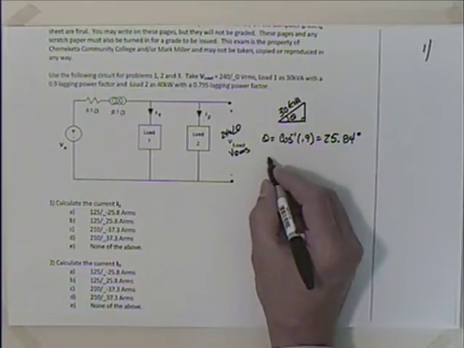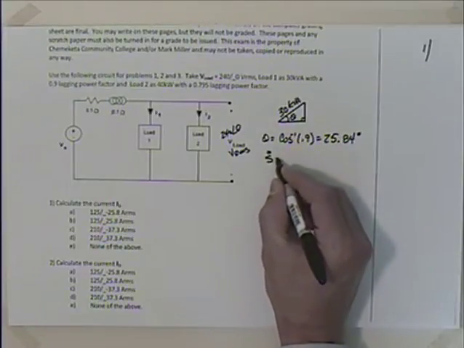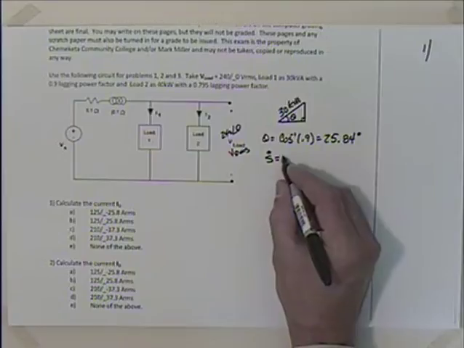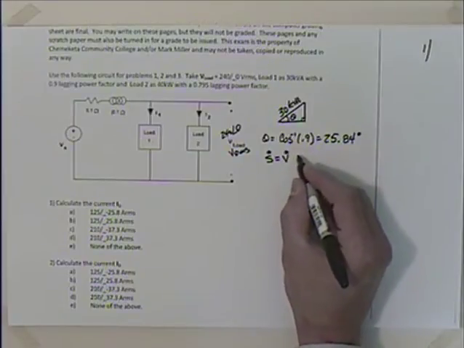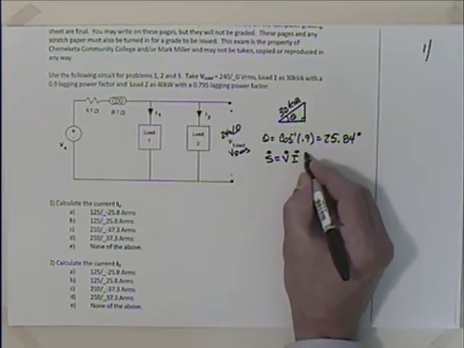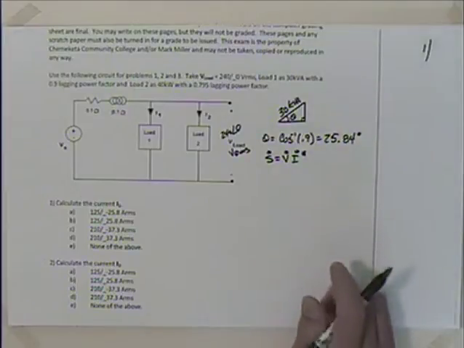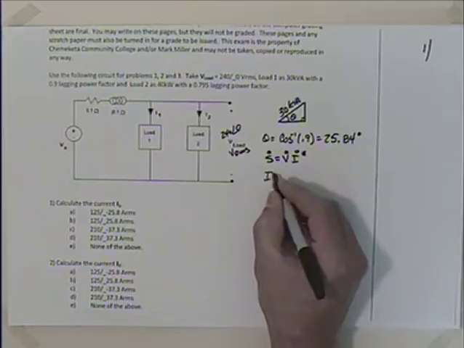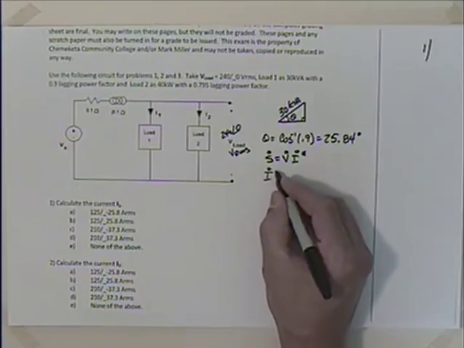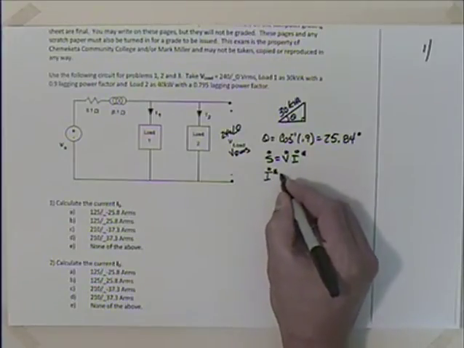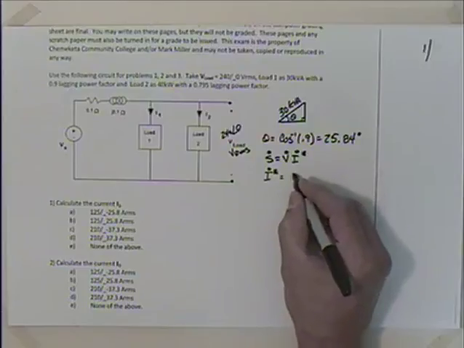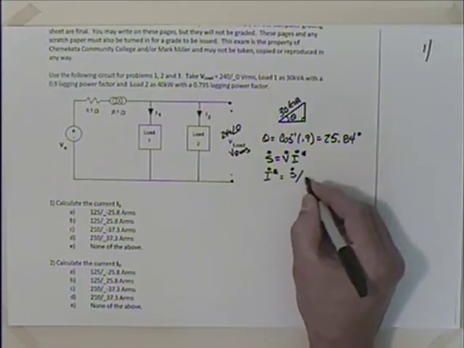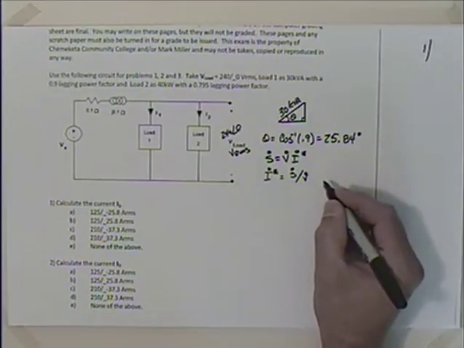We can say that S, the complex power, is equal to the voltage times the complex conjugate of the current. Or I could say that the complex conjugate of the current is equal to the complex power S divided by the voltage V.